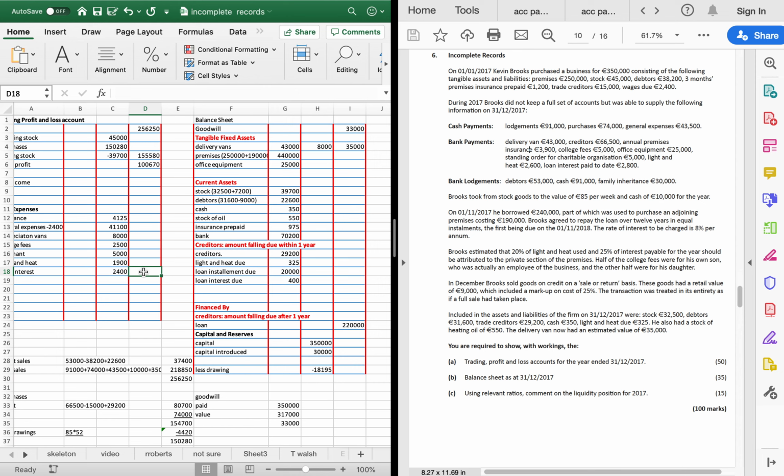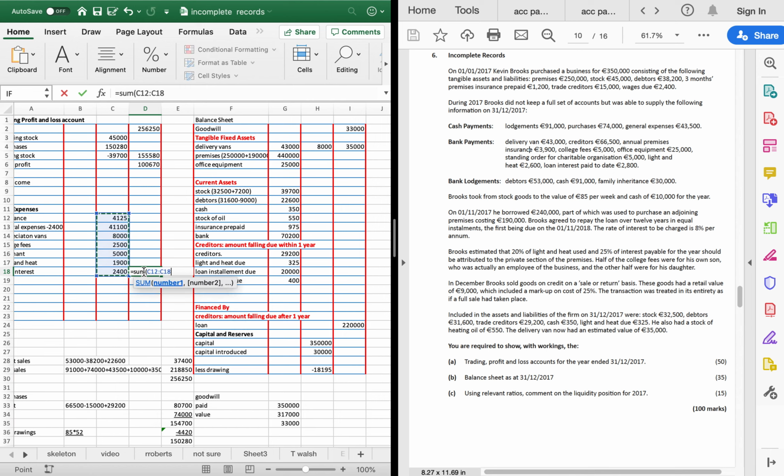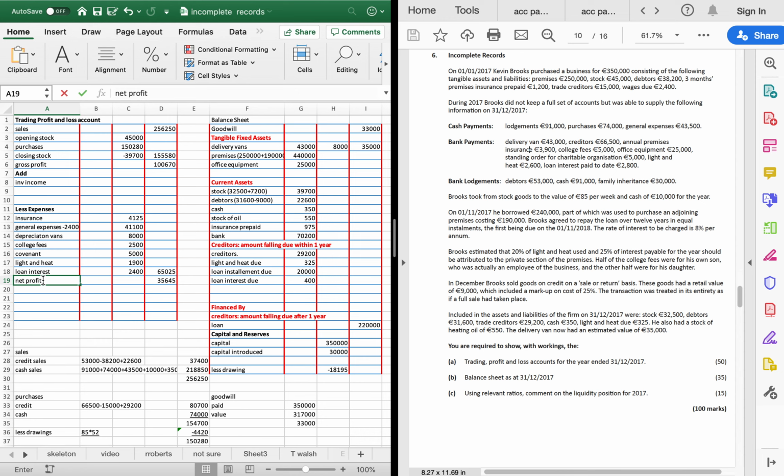So our expenses are 65,025. Take them away, and you get a net profit of 35,645. Of course, that'll go in over here.